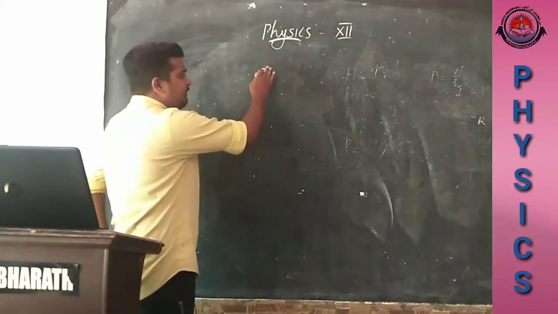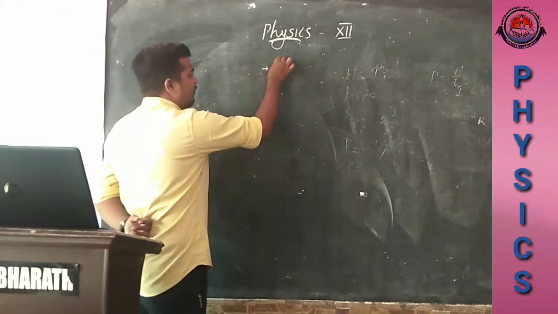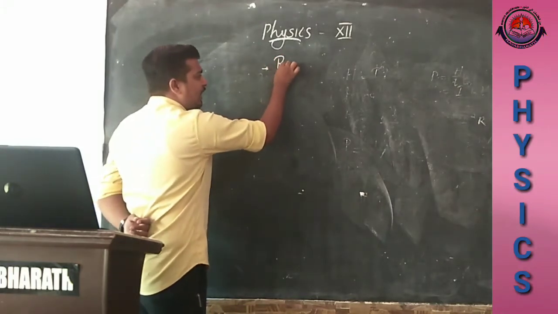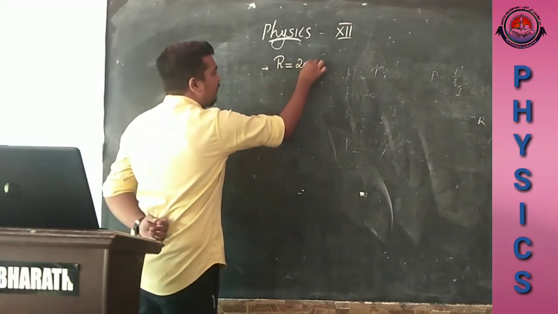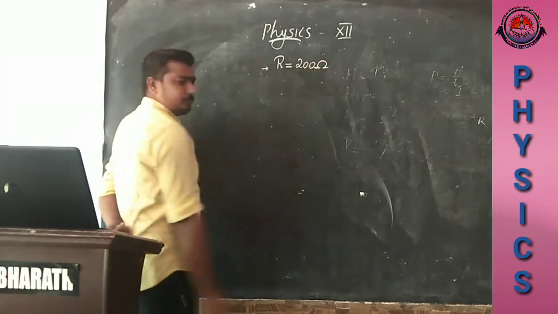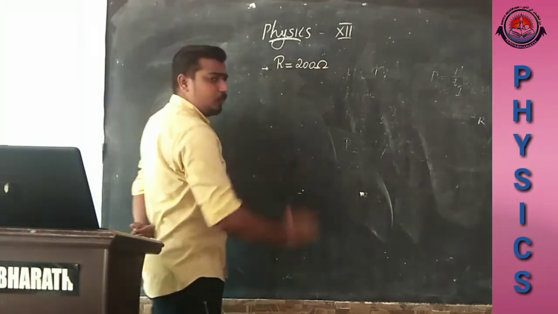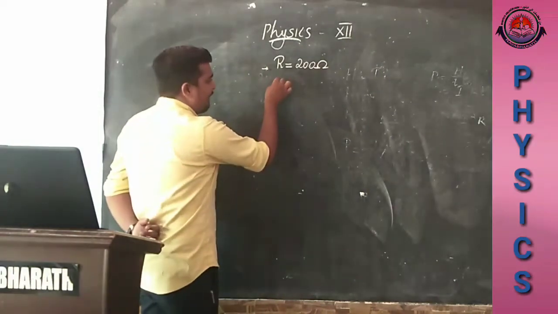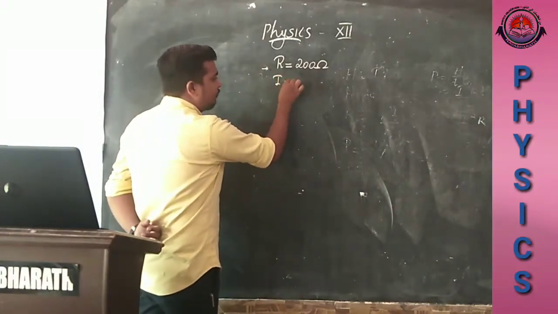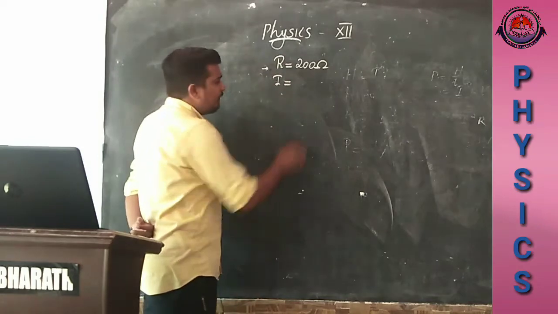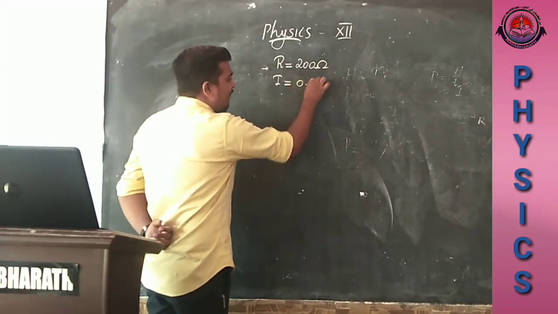In this question the given values are the resistance of the conductor R equal to 200 ohm, and I equal to 0.2 ampere.